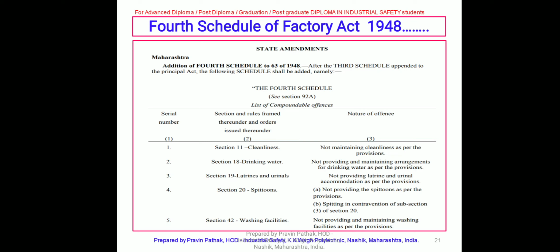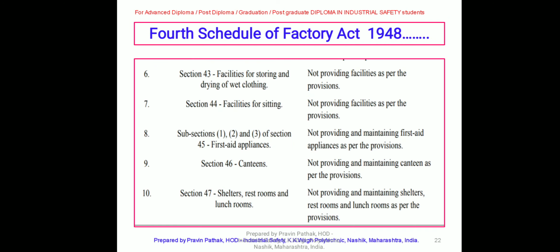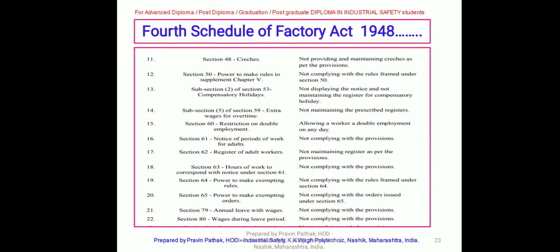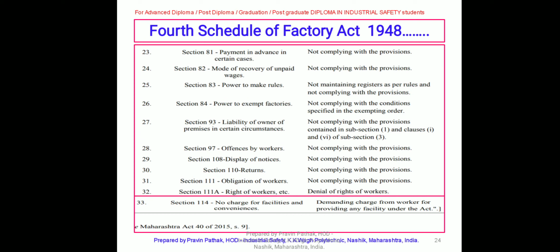Likewise, for the drinking water facility, latrine facility, urinal facilities, spittoons, washing facility, etc., there are 33 sections and rules where you can observe the non-provision or non-maintenance for that particular section, and the compoundable offense exists, and you can go for the provision of penalty or some punishment.